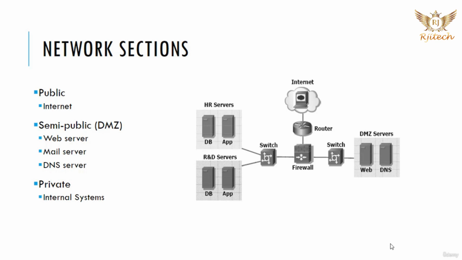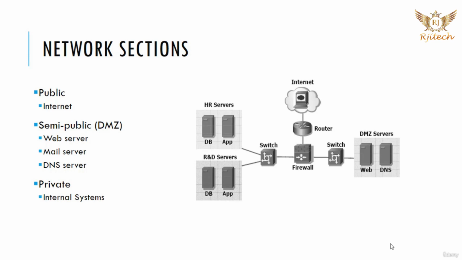And we have the third section, which is the private internal system, which is composed of the HR servers, the R&D servers, the employees, the people working in the organization, the data, the assets of the company, and the workstations, the machines that need to be connected to the internet, to surf the internet, to send and receive email, to search the internet on Google or something, and at the same time they are the assets that need to be preserved, kept and protected from internet attacks.